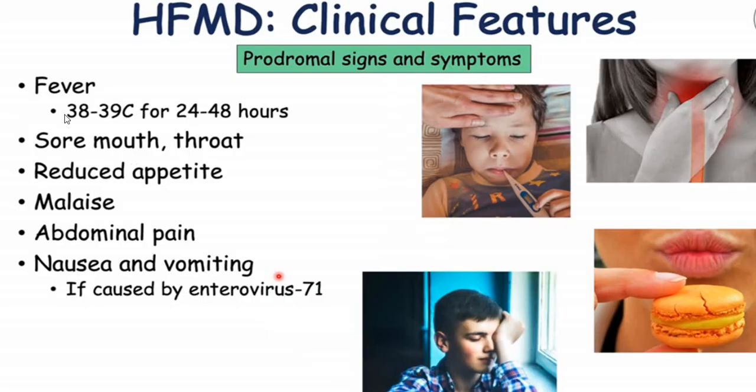So in the prodrome stage: fever, sore mouth, pain in the throat region, reduced appetite, malaise, abdominal pain. Some children may even have nausea and vomiting, and we know very well it is caused by either enterovirus or Coxsackie virus.